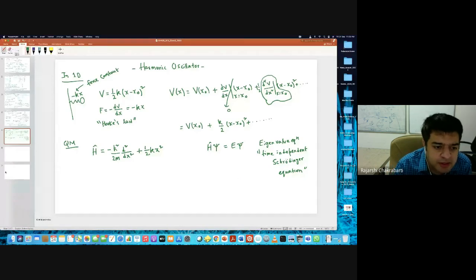So this Hamiltonian, you can also write in a slightly different manner, because you see that this k, I think you know from classical mechanics.